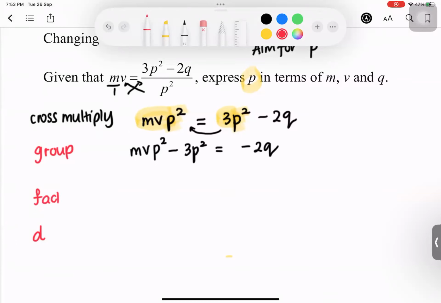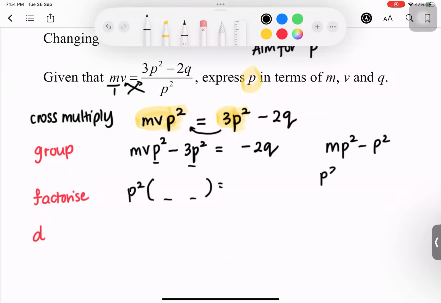Factorize. You all know my favorite, right? But what do I want to factorize? Don't factorize out just p. It's p squared, so you factorize out the p squared. Now take note, this one has two terms. You factorize out, your bracket should also have two terms. I just sidetrack a little bit. Sometimes the question is, for example, mp squared minus p squared.